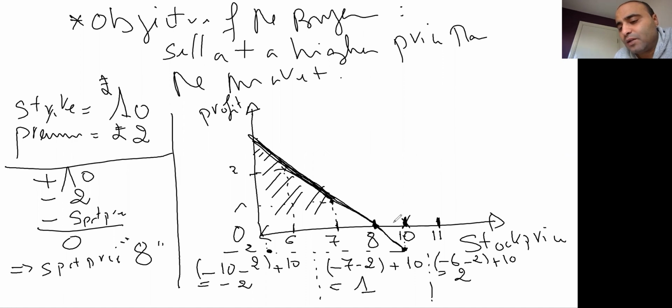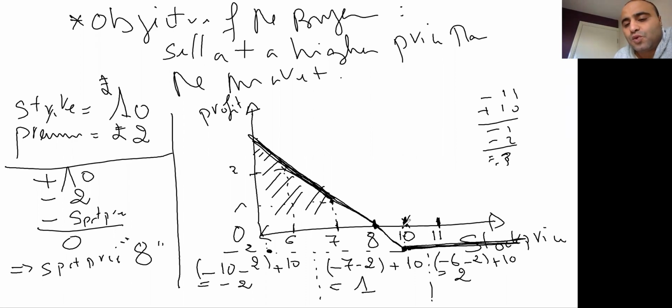That will not be logical, because it will be expensive to buy it in the market at 11, so minus 11, and sell it at 10. That will simply give us minus 1, and then with the premium again, that will be minus 3. So in this case, the person is better off not exercising the option and simply leaving it out. And so the maximum thing that the person will be losing is actually his premium.